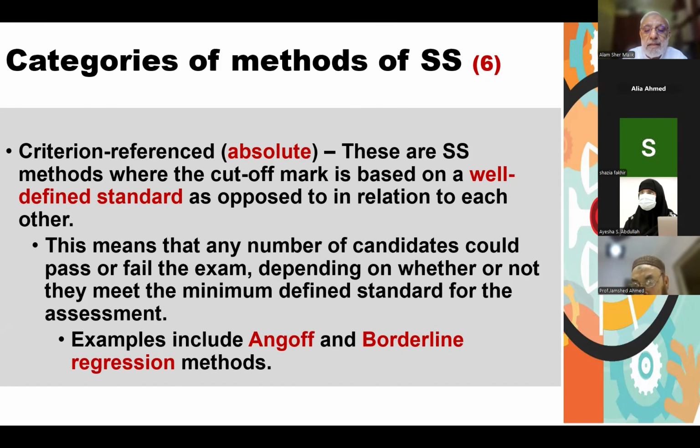This means that any number of candidates could pass or fail the exam, depending on whether or not they meet the minimum defined standard for the assessment. Methods like Angoff and borderline regression are methods of this, and Ebel is also criterion reference.